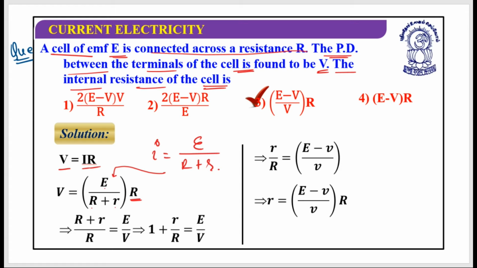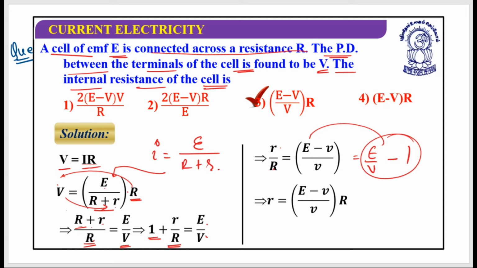Now let's just divide this. R plus r on this side divided by R is equal to E on this side and V on this side. So R plus r divided by R is equal to E by V. Now let's divide: R divided by R is 1, plus r divided by R is equal to E by V. So r by R can be written as E by V minus 1.